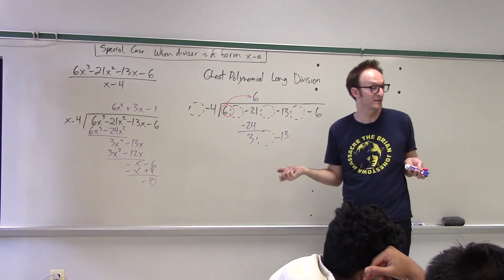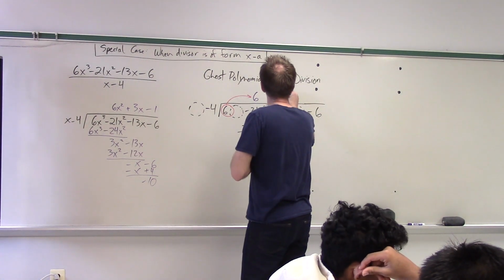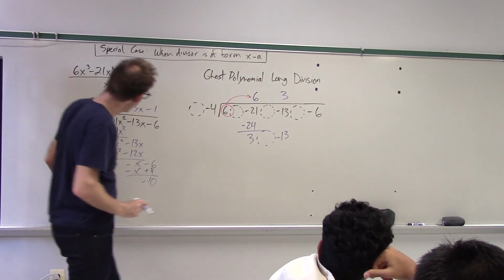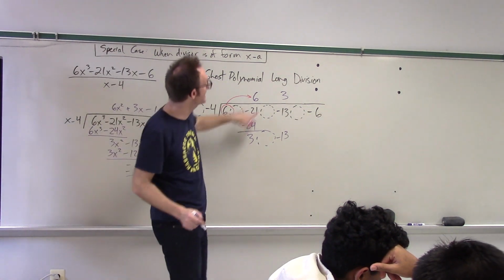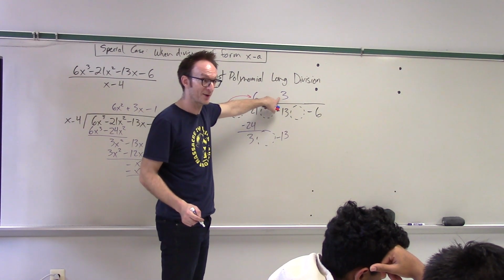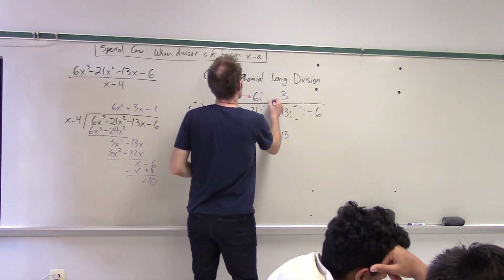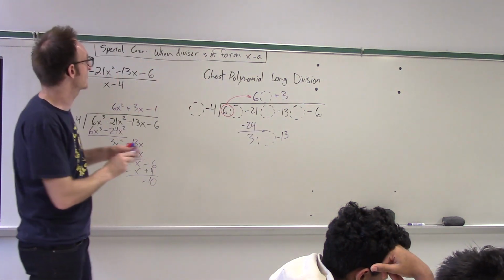The answer is going to be 3. In other words, whatever I get when I do this subtraction automatically becomes the next coefficient in my quotient. Follow? Okay, so I'm just going to put a blank ghost there, and then I'm going to put plus. Okay, and then what am I supposed to do next?